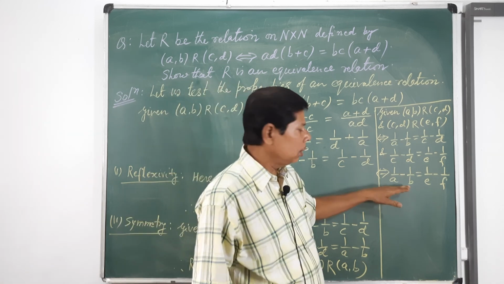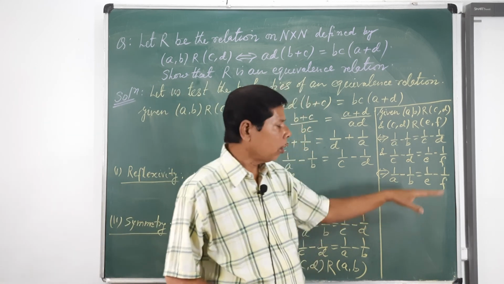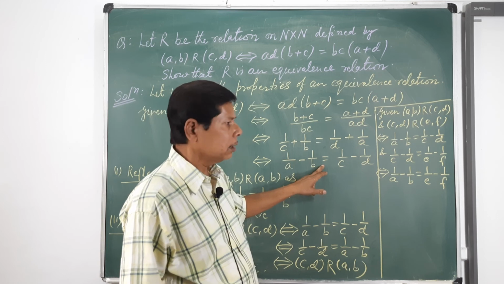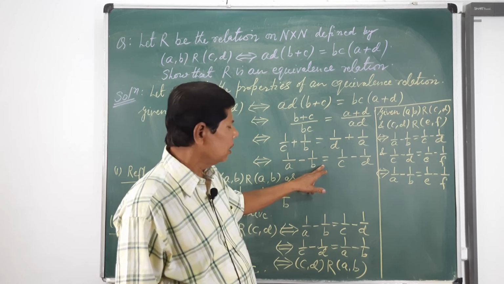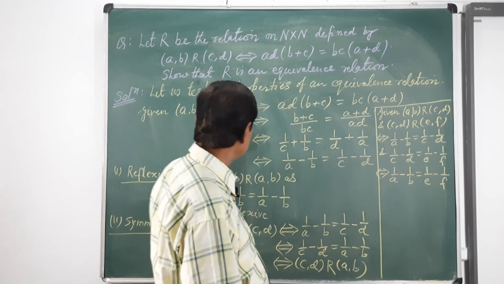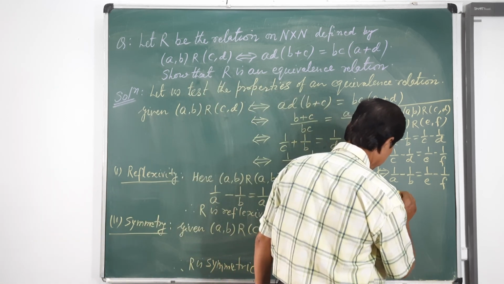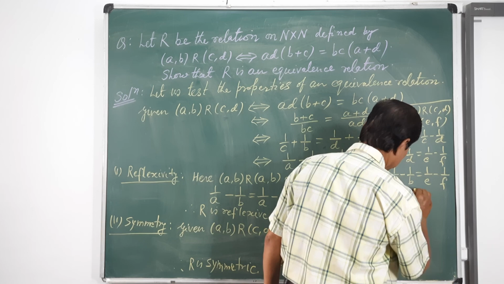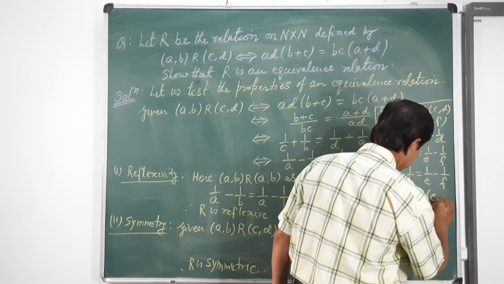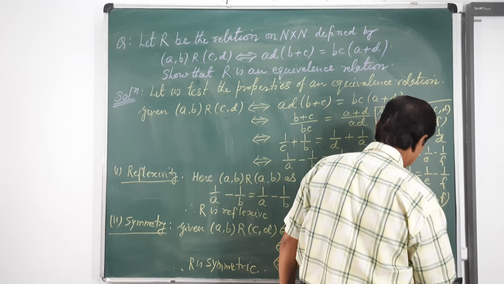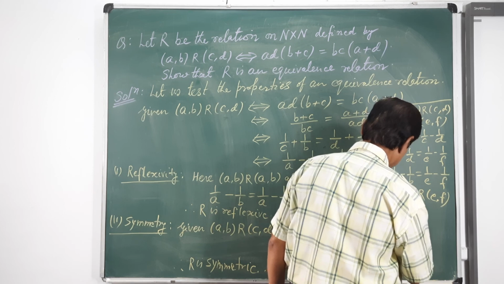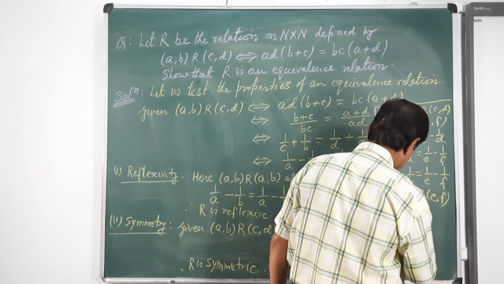Here also A, B, E, F are in order as in the RHS, and therefore we can write the LHS, and therefore this implies and is implied by (A, B) related to (E, F). That means, therefore, we can write R is transitive.